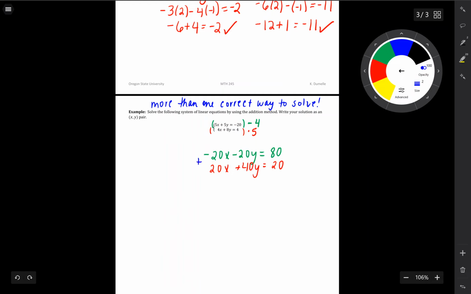Now, I see that one of my variables, in this case x, will cancel out. That's a good thing. When I add these two equations together, I get 0x, -20y plus 40y is plus 20y is equal to 100. So then when I divide both sides by 20, I get y is equal to 5.